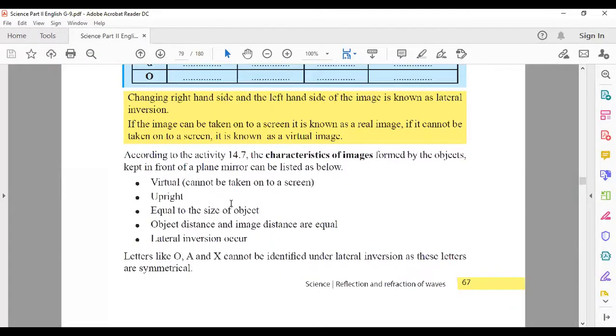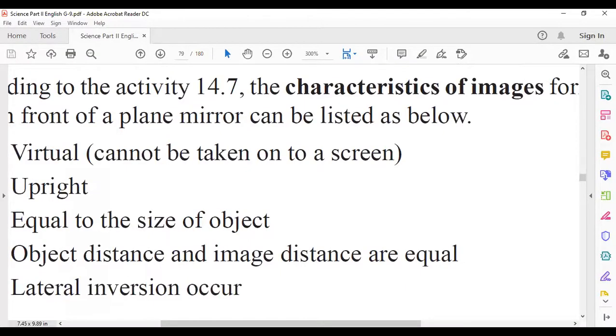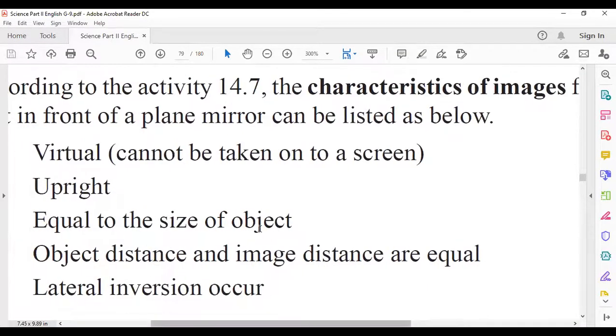So if we take a plane mirror, a part of our daily life, tell me, today did you stand in front of the mirror or not?